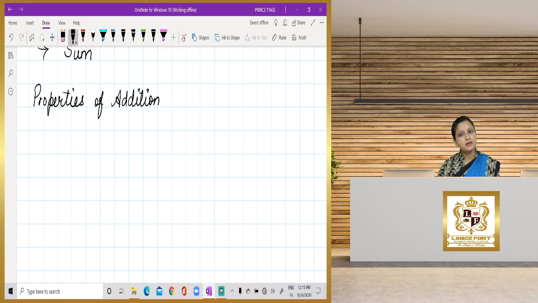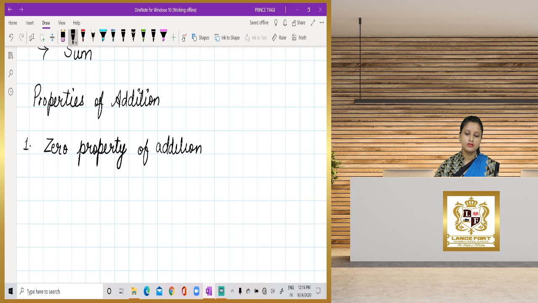The first and the most important property of addition is the zero property of addition. Zero property of addition says when we add 0 to any number or 0 is added to any number, we get the number itself as our answer.